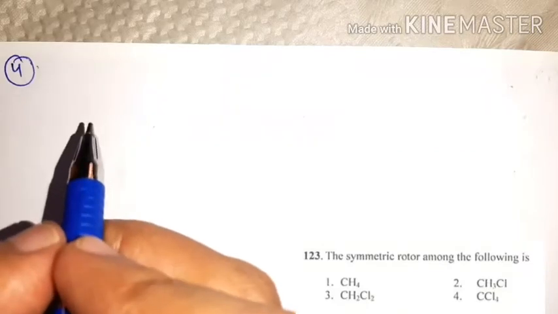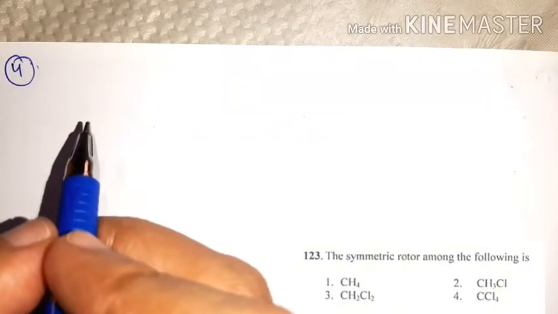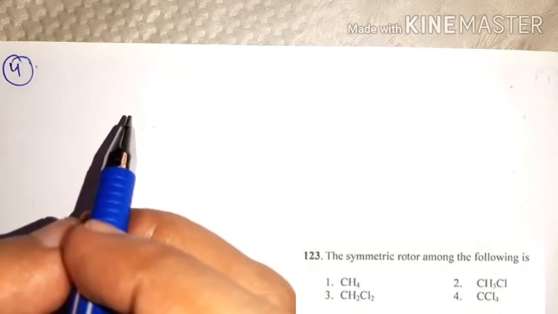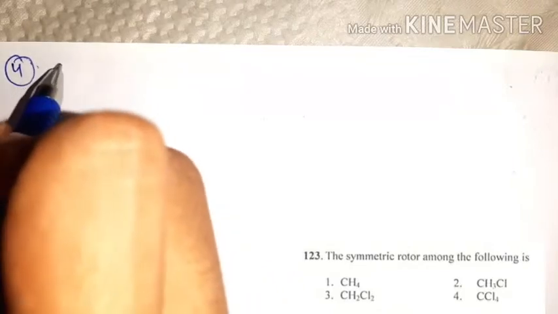Question number 4. Now friends, in rotational spectroscopy, the general relationship for finding whether a molecule will be a symmetric top or a spherical top is as follows.